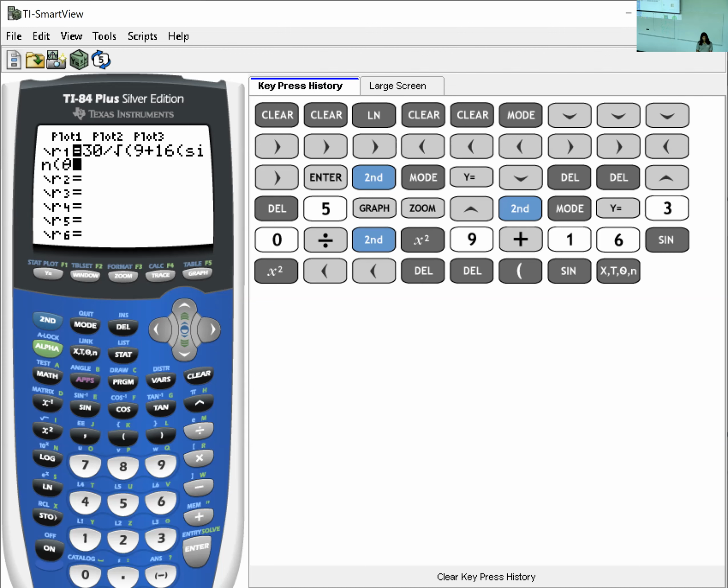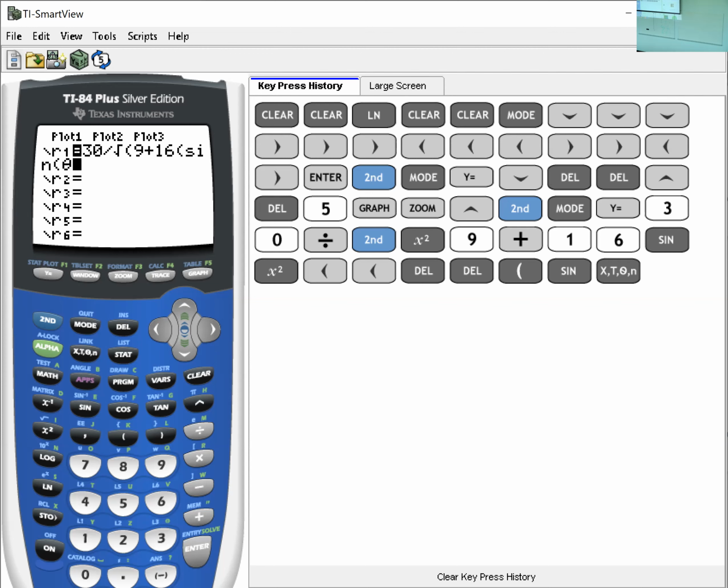If you are good with logical deduction: in rectangular mode, we simply have X when we wanted X. Now I switch the mode to polar, and when I press X, it automatically converts to theta. So what about the uppercase T and N? Just use logical deduction. Any thoughts? I'll give you a hint.